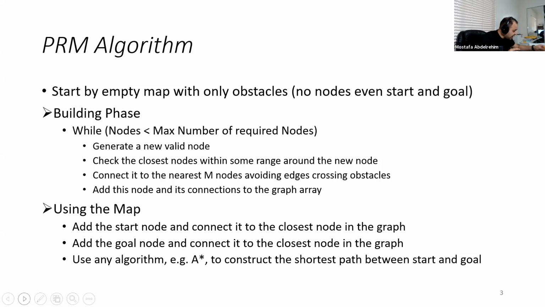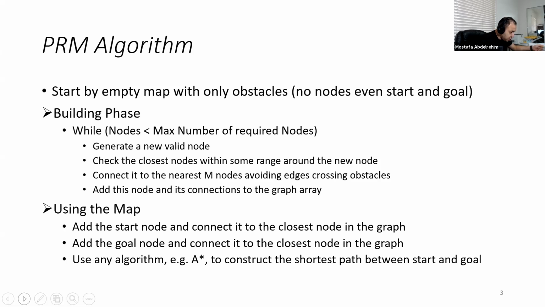In that phase, we assign the robot some maximum number of nodes while creating its map. These nodes will be used to represent the map around the robot. It will generate nodes randomly in the space around it, with the maximum number of required nodes as a parameter.